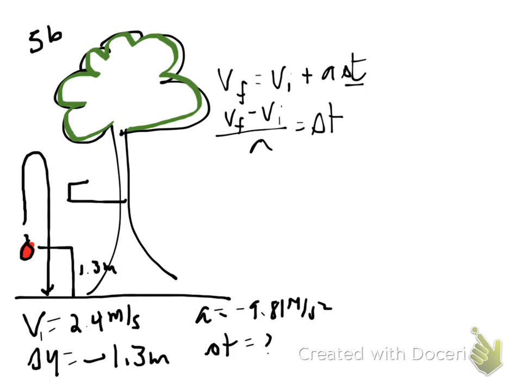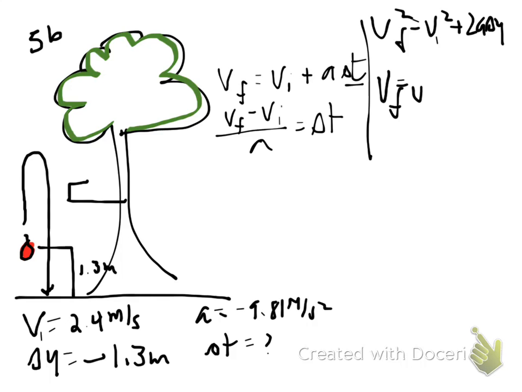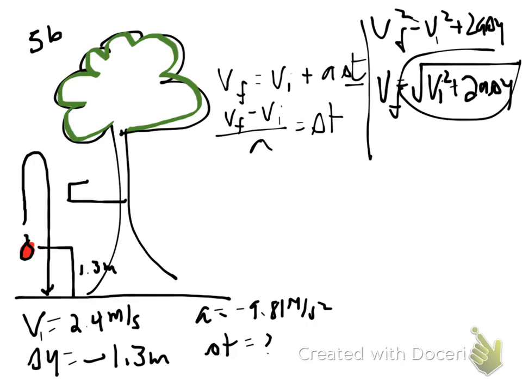So we're going to create an expression for VF using VF squared equals VI squared plus 2A delta Y, because those are all things we do have. So we have VF equals square root of VI squared plus 2A delta Y. And we can take that whole thing and plug it right in for VF.